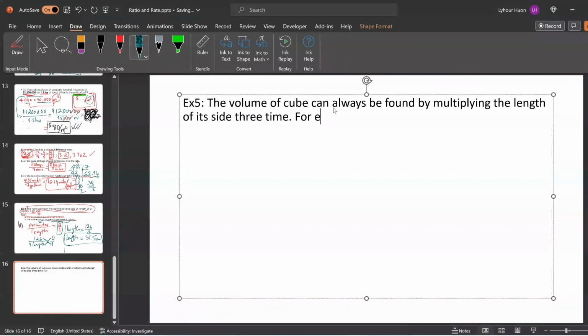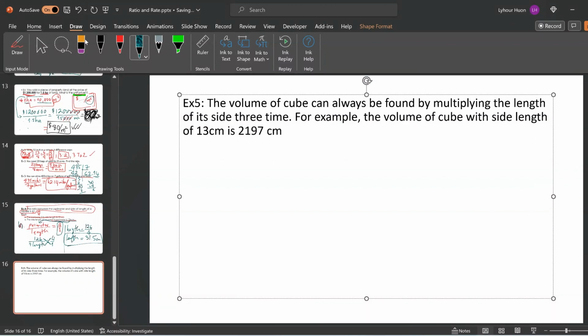For example, the volume of a cube with side length of 13 centimeters is 2197 centimeters cubed.